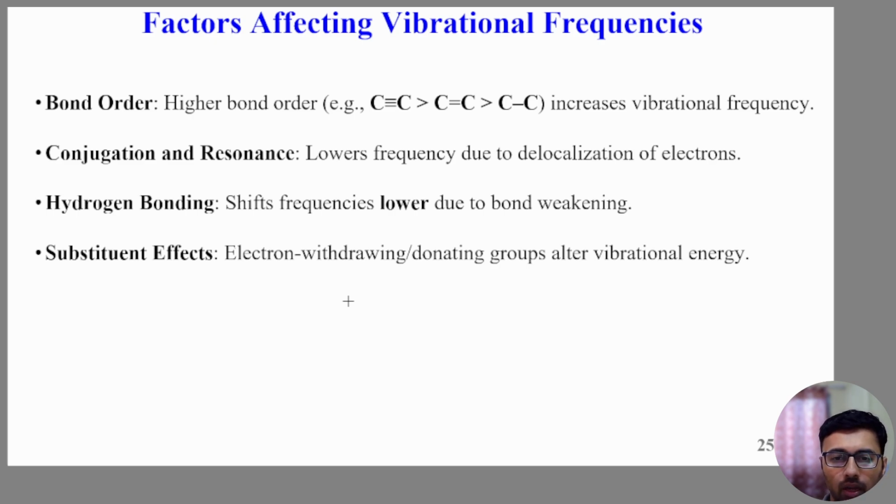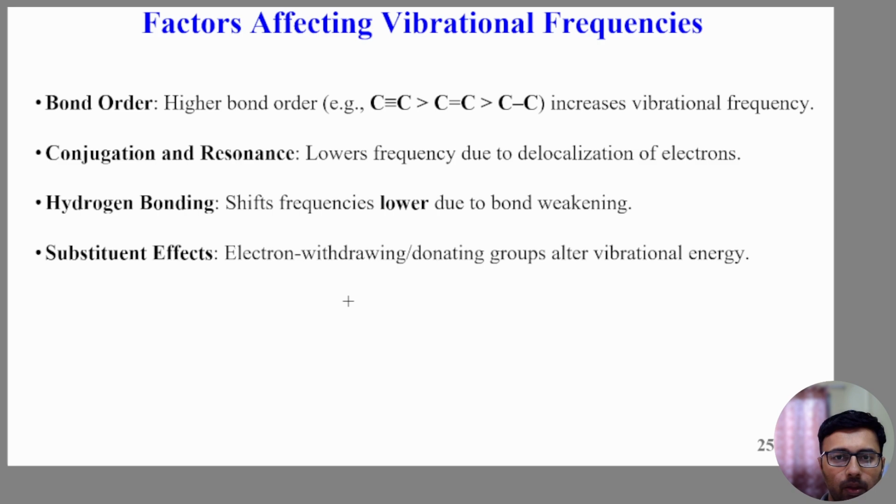A carbon-carbon double bond is stronger, and a carbon-carbon triple bond is even stronger. As a result, the carbon-carbon single bond absorbs at lower frequencies, the carbon-carbon double bond absorbs at intermediate frequencies, and the carbon-carbon triple bond absorbs at higher frequencies.